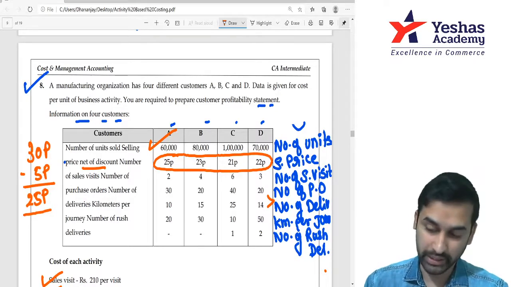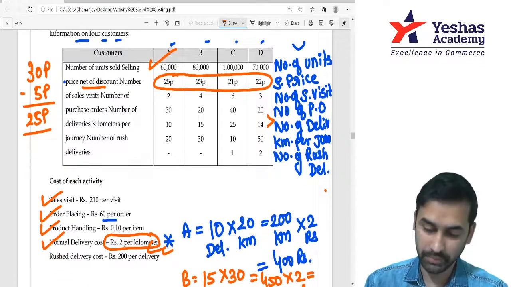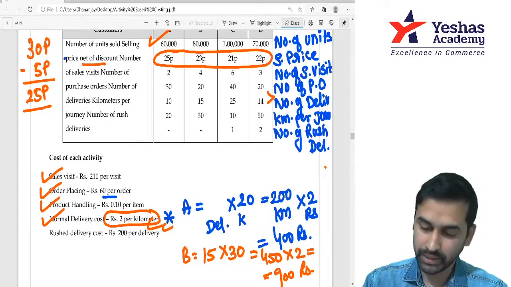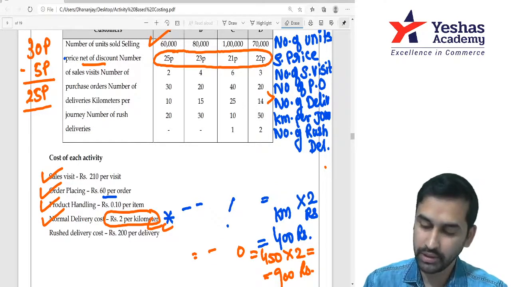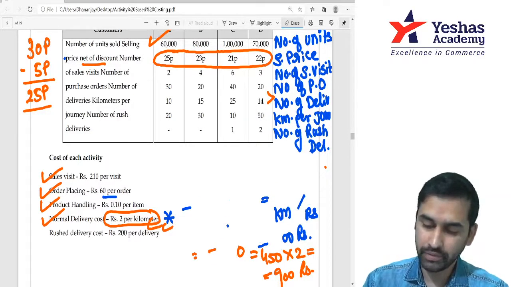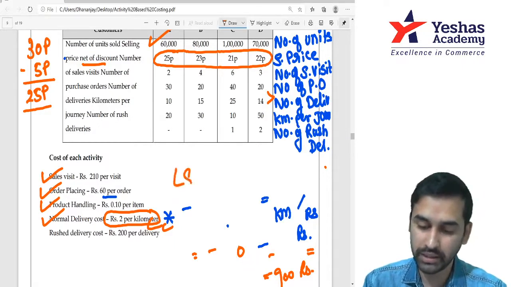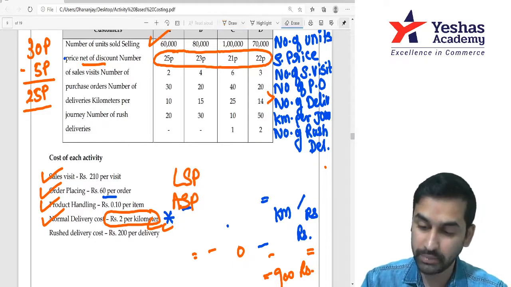Sometimes what they may do in exam, same table, same question, they can just add one more adjustment. What adjustment? I'll just write it here. They can give list selling price and then give actual selling price. Here 25 paise is your actual selling price, correct?